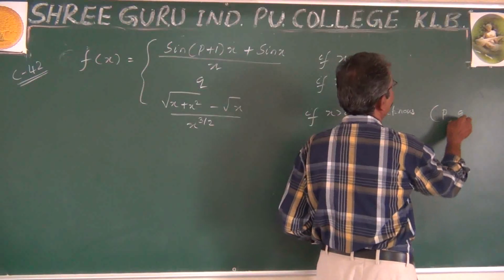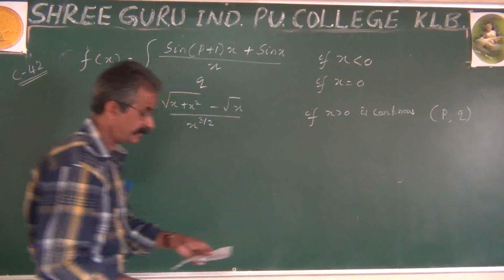Then what are the combination values of p and q?